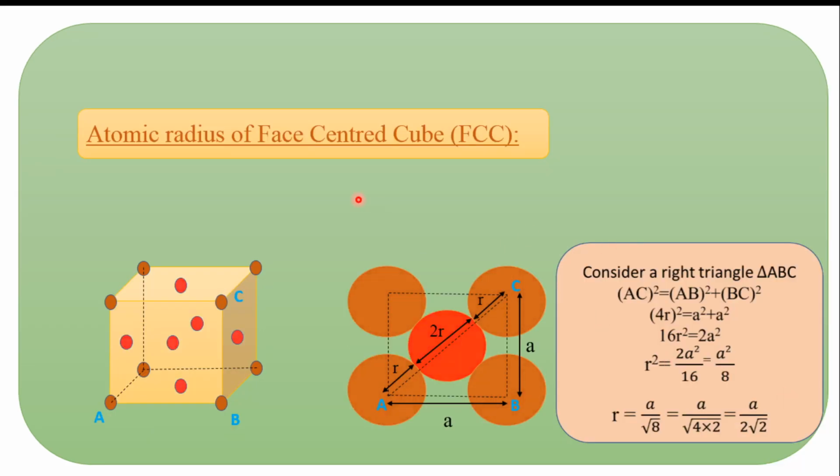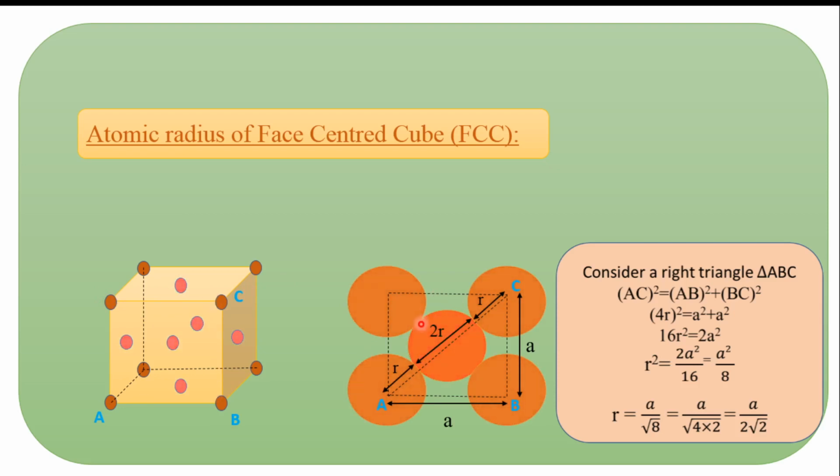Now we will calculate the formula for atomic radius of face center cubic, that is FCC. In FCC, 8 atoms are at the corners and a half atom is shared on each face of the cube. Here we have considered one face. So 4 atoms at the corners, this is one, this is another, this is another, this is another.